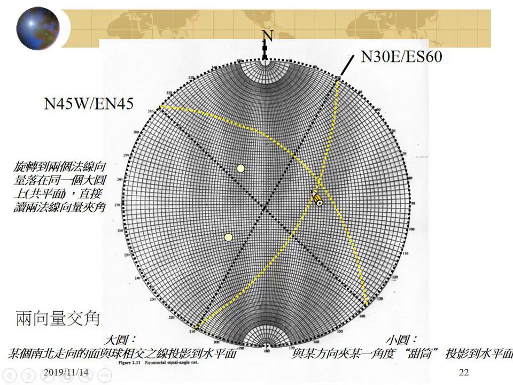So if you rotate it, one is here and the other is here. What is the angle between these two vectors? You simply count the small circles. Understand?